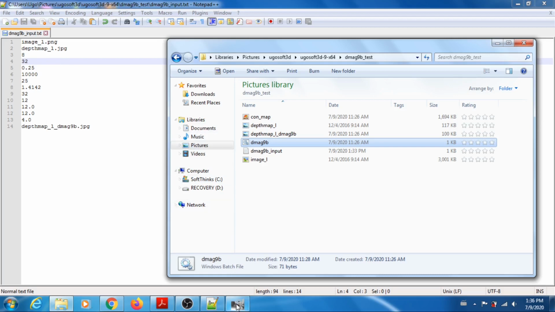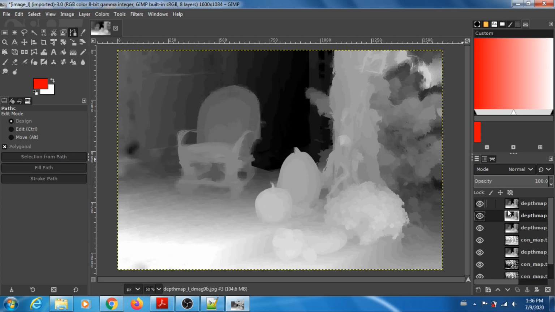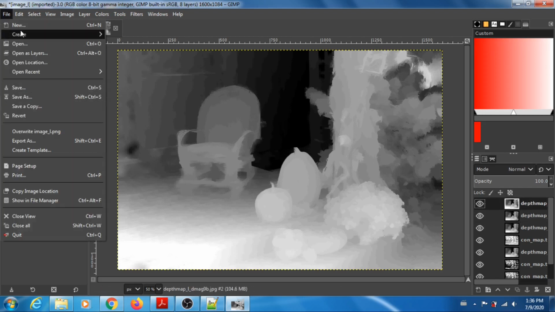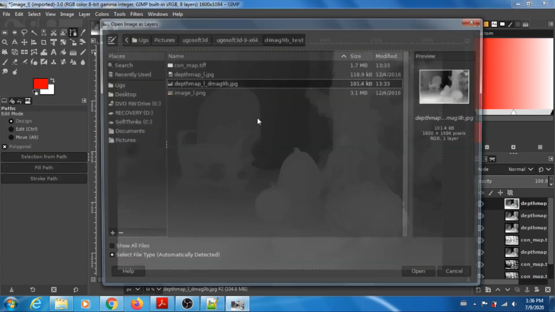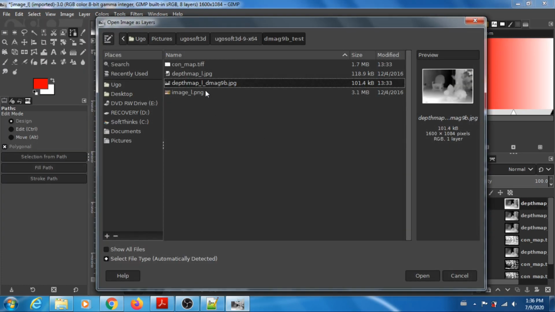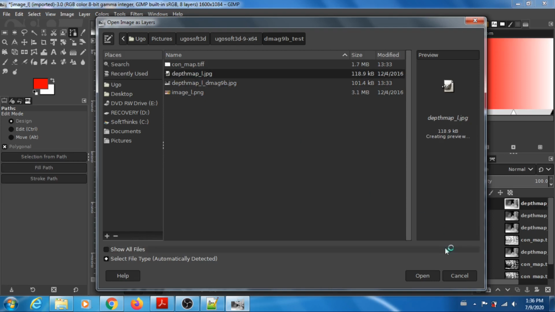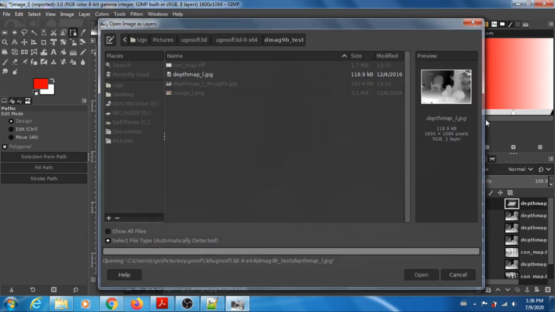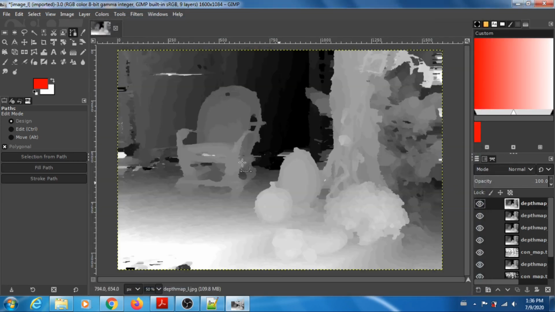So now let's keep the last one. That's fine. That's the last one, and let's load up the input depth map, the one we started with, which is this one, I think. Yeah, so that's the DMAC5 depth map.